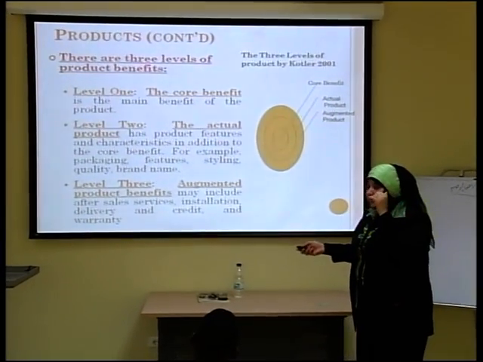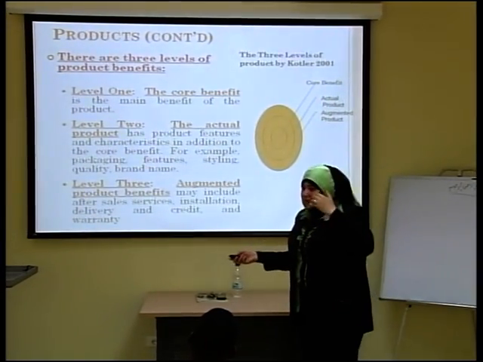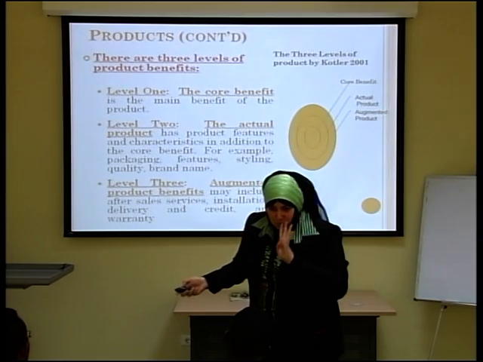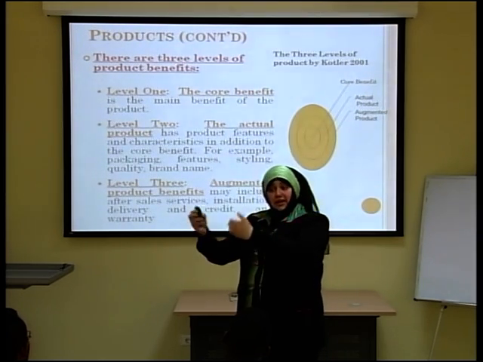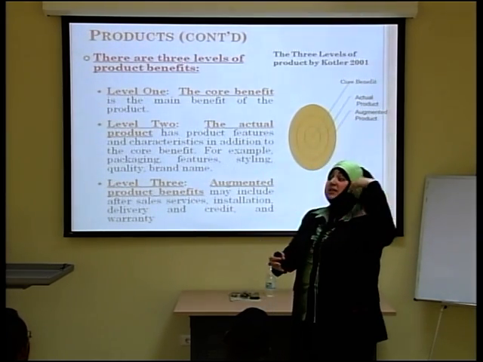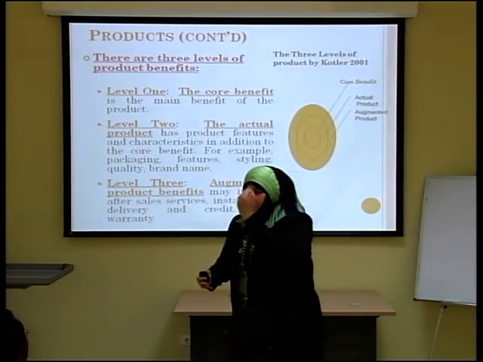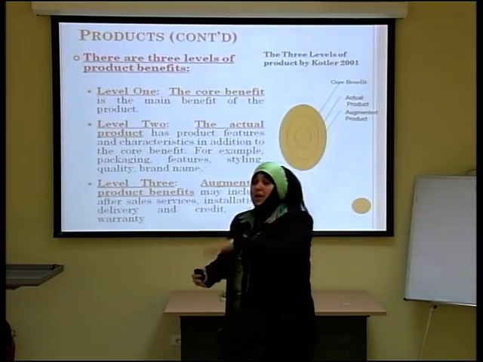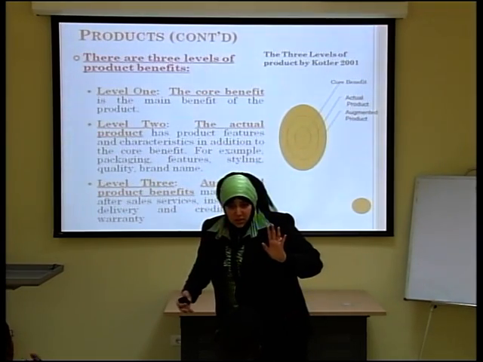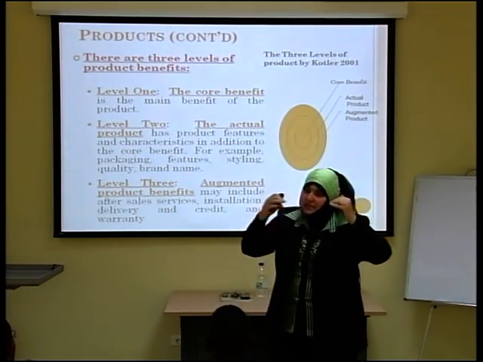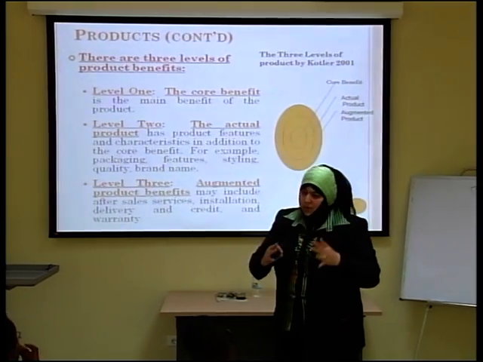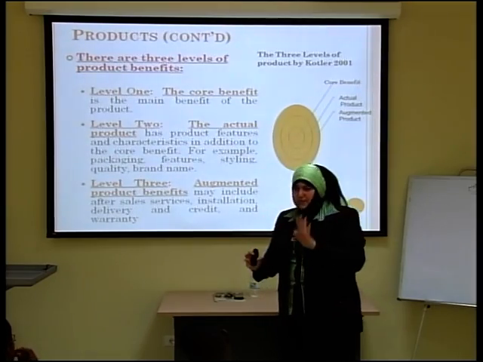You can mention that any product has a life cycle, and that's it, if they ask you to discuss briefly the 4 Ps. But you can get separate questions to discuss the 6 steps of developing new products. This is a separate question. And you can get a separate question about the product life cycle. Then you need to explain in detail what we mean by product life cycle, to draw the diagram, and so on. Okay? All right?